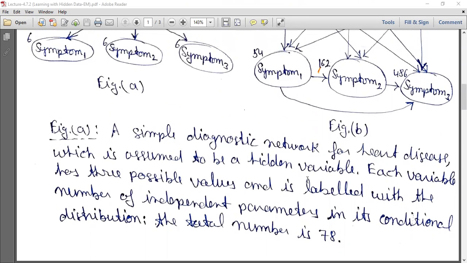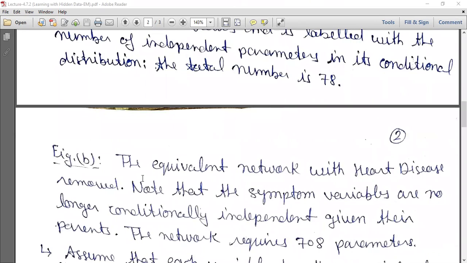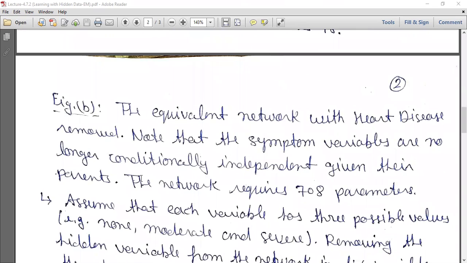The total number is 78. In figure B, the equivalent network with heart disease removed, note that the symptom variables are no longer conditionally independent given their parents. The network requires 708 parameters.